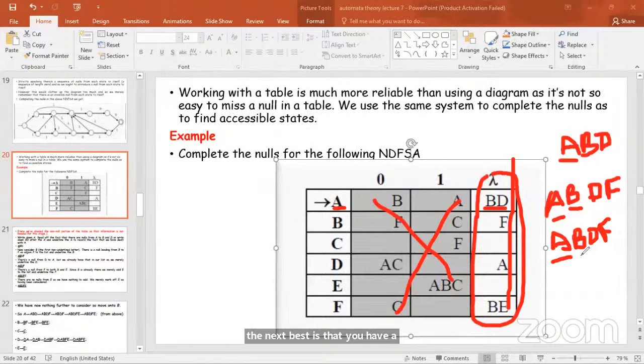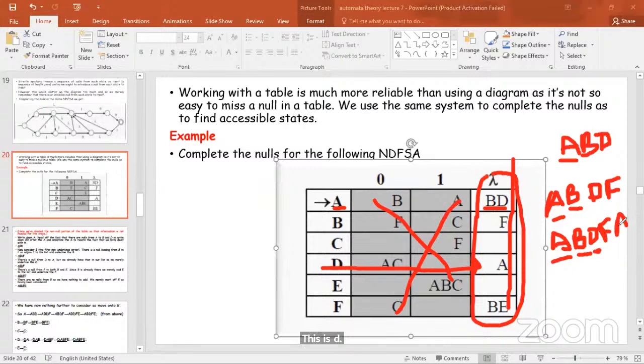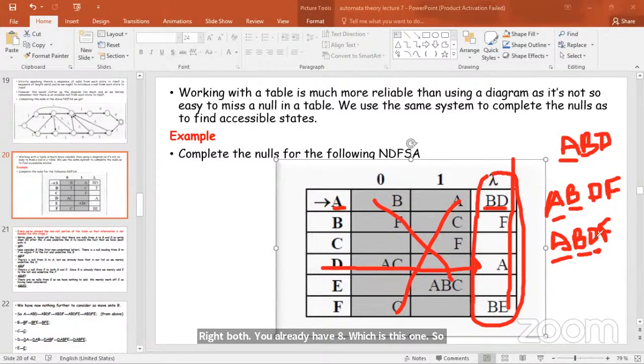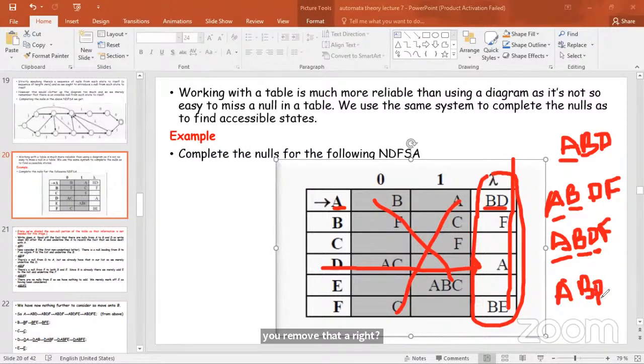This is A, you have done A, you have done B. Now the next one is D. D has a pointer to where? A, right? But you already have A, so you remove that A. So you still have F. The next one is A, B, D, F. So you want to process F now.